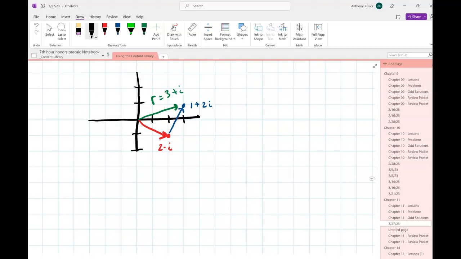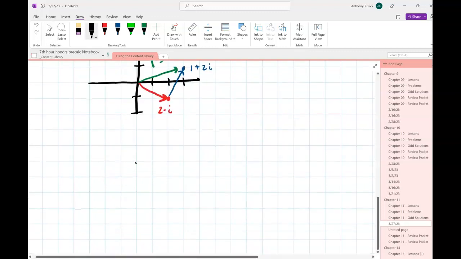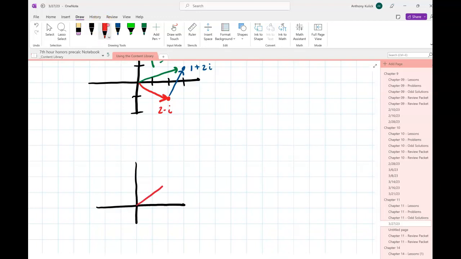Magnitude and direction, right? So what is magnitude when we talk about a vector? Yeah, that distance from the terminal point of our vector to the origin.